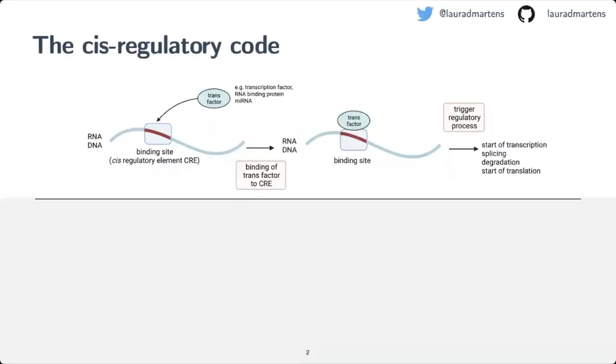So why are we interested in looking into single-cell ATAC-seq, or ATAC-seq in general? It's a way to look into gene regulation. Most of you know that there are certain elements in the genome that encode so-called cis-regulatory elements, which are elements that bind the so-called trans factors, which could be transcription factors, for example.